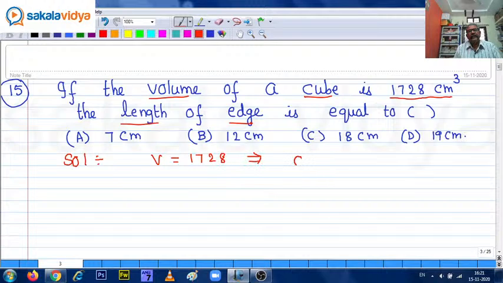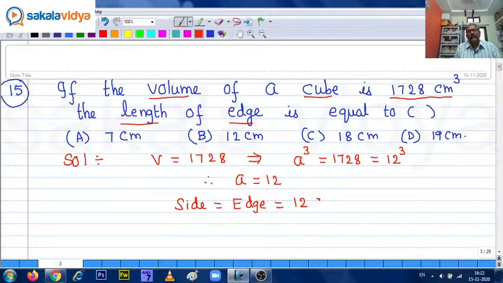Volume of a cube is a cube, side cube, equal to 1728. This 1728 is nothing but 12 cube. So a equals side is equal to 12. Therefore side or edge, both are the same, equal to 12 centimeter.